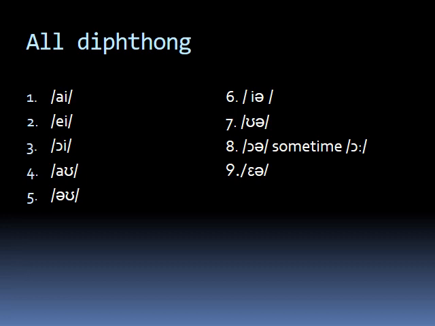So sometimes there are two versions of diphthong. Some experts say that diphthongs consist of 8 without o, but sometimes they say that it consists of 9 including o. Don't get confused.